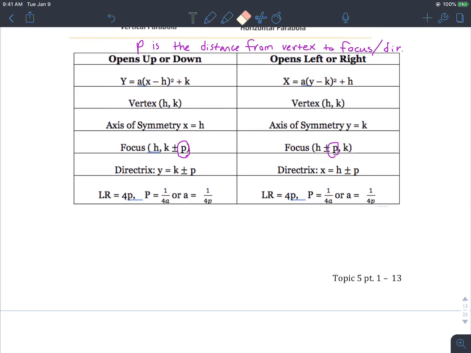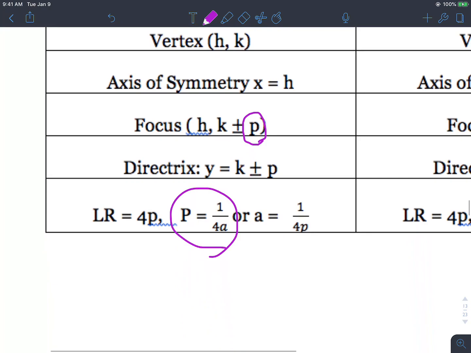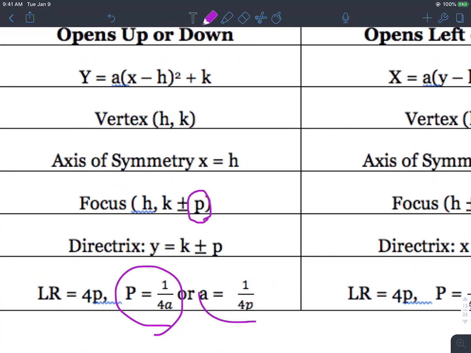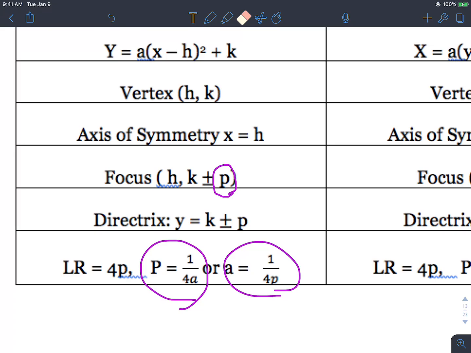So I'll refer to that, but I'm going to call it LR. And then you have this formula right here. Your p distance is 1 over 4 times your a value from your equation. Or you can use this modified version of that if you solve for a instead, and you can say a equals 1 over 4p. And depending on how the problem is set up, sometimes one of those formulas is more convenient than the other one.